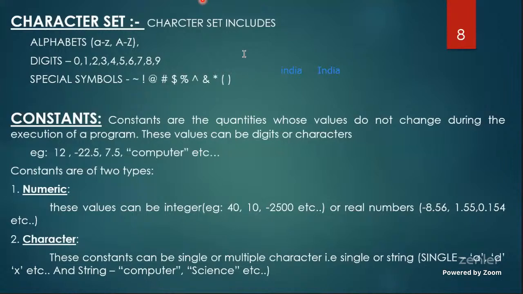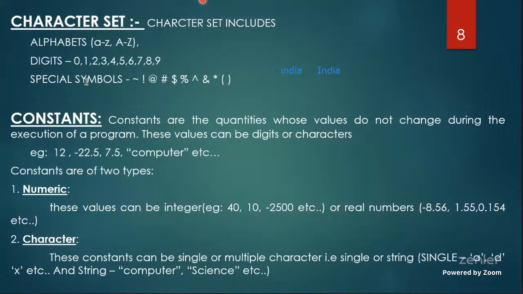Special symbols are what we have other than characters and digits. You might have observed the negation symbol, not, at the rate, hash, dollar sign, percentage, or, and. These come under the special symbols.